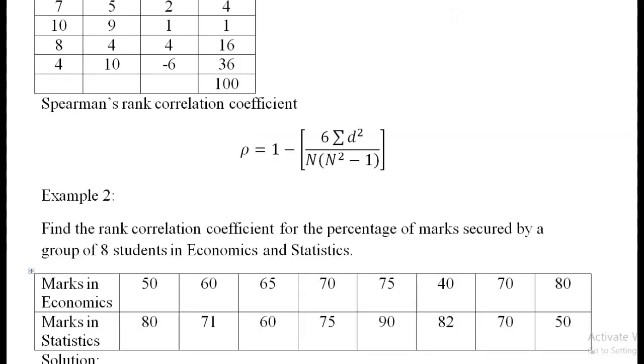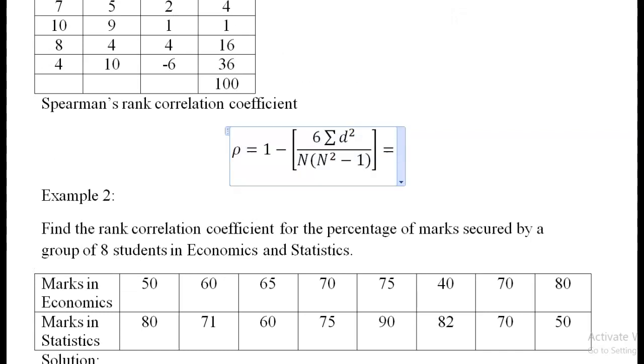Now we will substitute this in the formula. The Spearman's rank correlation coefficient we denote by the letter rho. Rho equal to 1 minus 6 times summation d square divided by n times n square minus 1. Here the ranks are not repeated, so we are going with this formula.